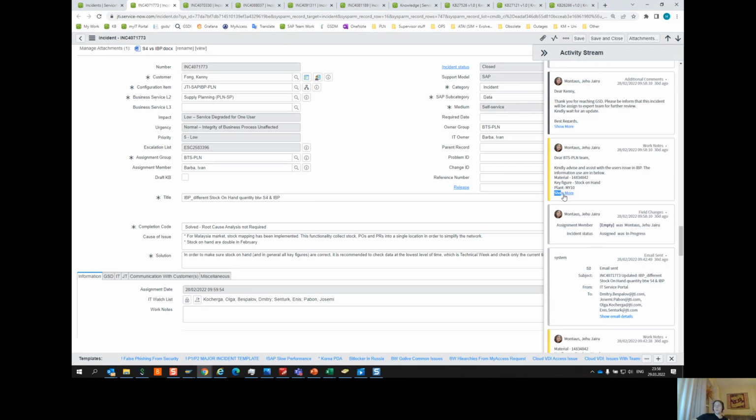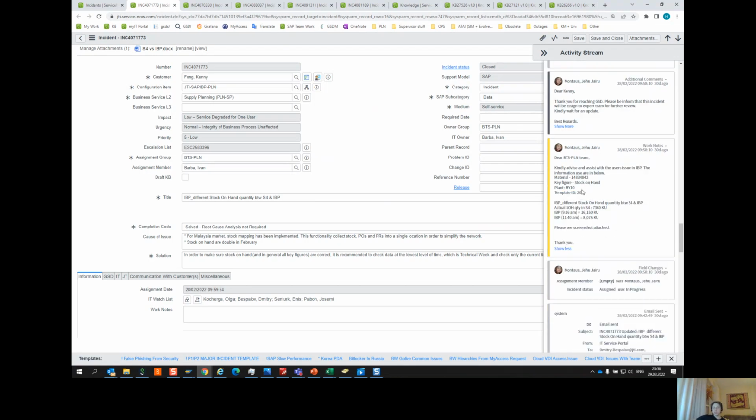So the best thing we can do in such cases prior to escalating to BTS is first, we should try our best to register the ticket correctly. So you need to check the template or the type of data and try to determine the business service level two. So is it related to demand planning or supply planning?